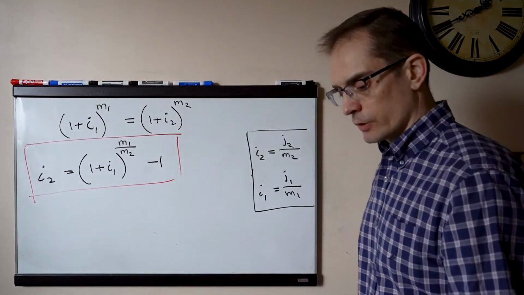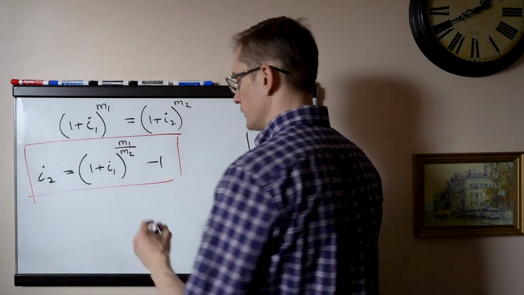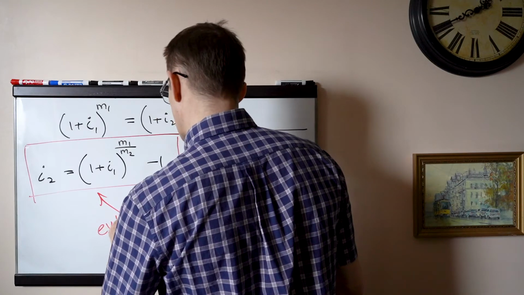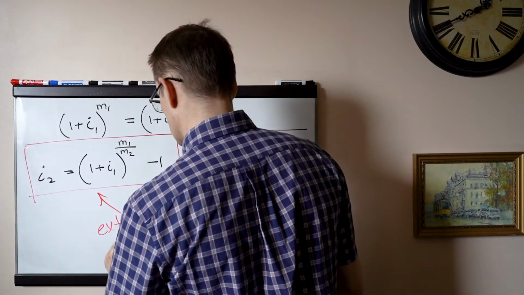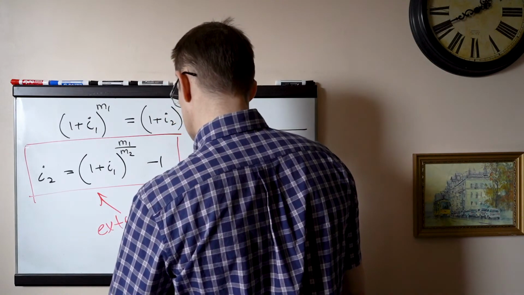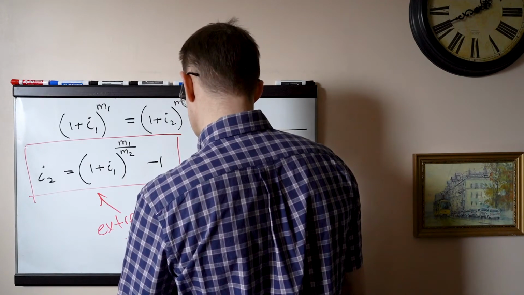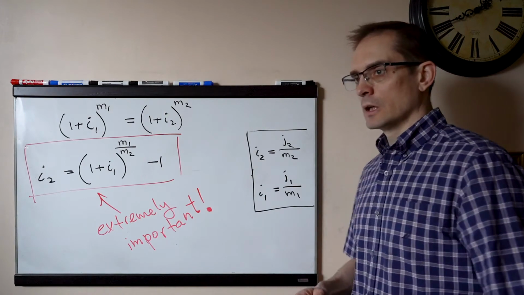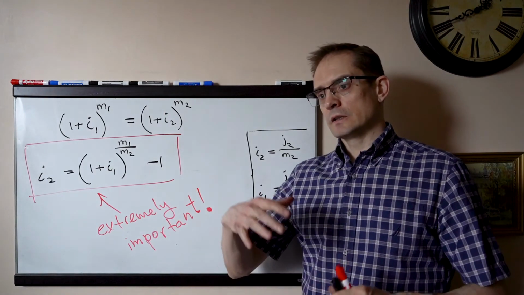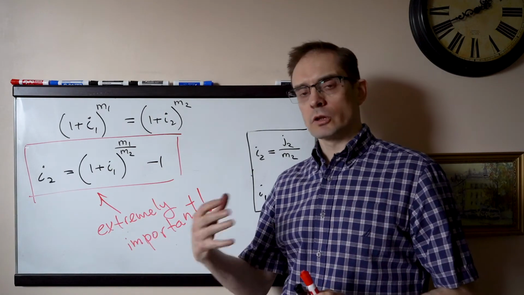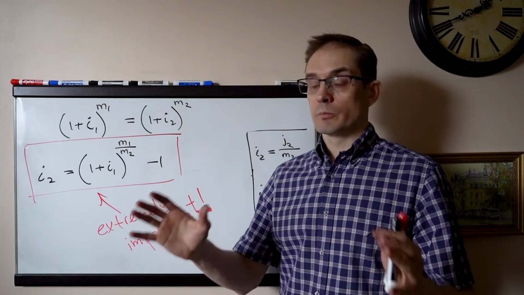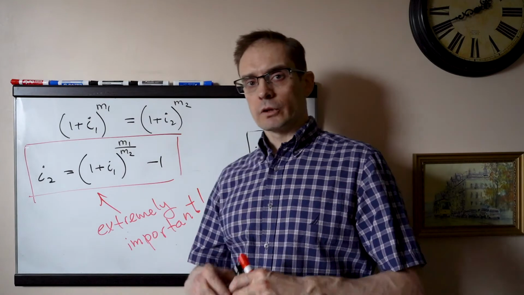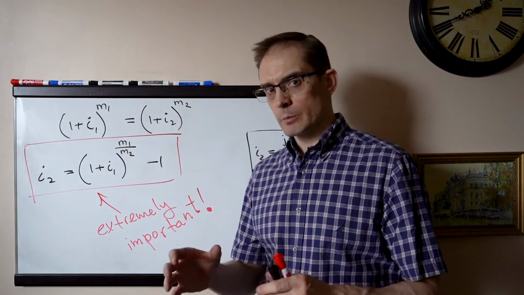By the way, this formula will be extremely important for annuities. This formula is extremely important because in another part of the course you will talk about annuities, and in those problems you will use this formula for I2 quite a lot for some type of annuities.